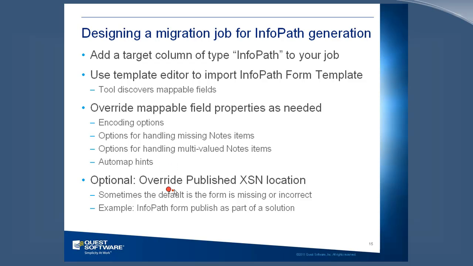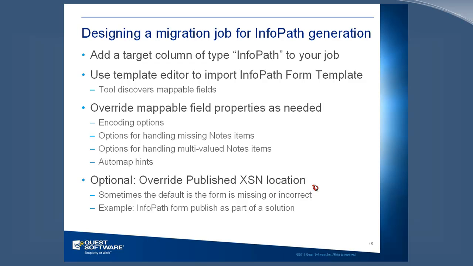And if you want to, you can override the published location of the InfoPath form. So when we generate a document, we put in a URL for where the form template lives. The XSN file is the form template. And sometimes the template that you imported doesn't really have the correct XSN location in it.